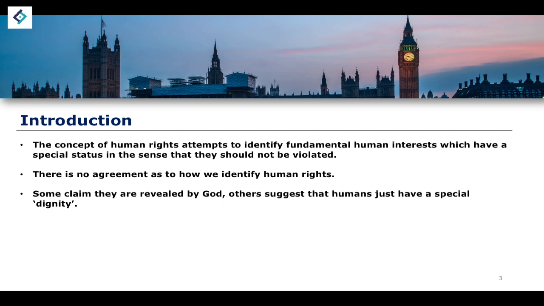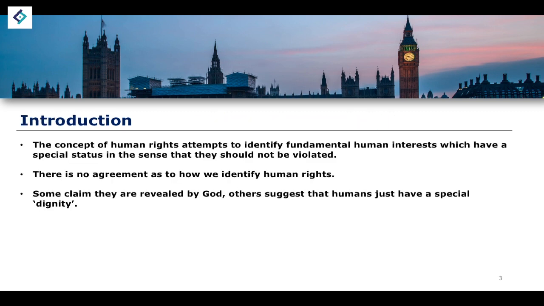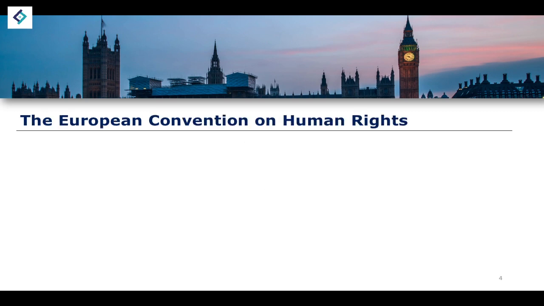Others say that they just come out of this idea of human beings having some kind of special dignity. So, in terms of the philosophy of human rights, that is a university module all in itself, never mind an A-level syllabus topic. So we're going to move swiftly on and talk about how human rights is operationalized in the United Kingdom's constitutional framework.